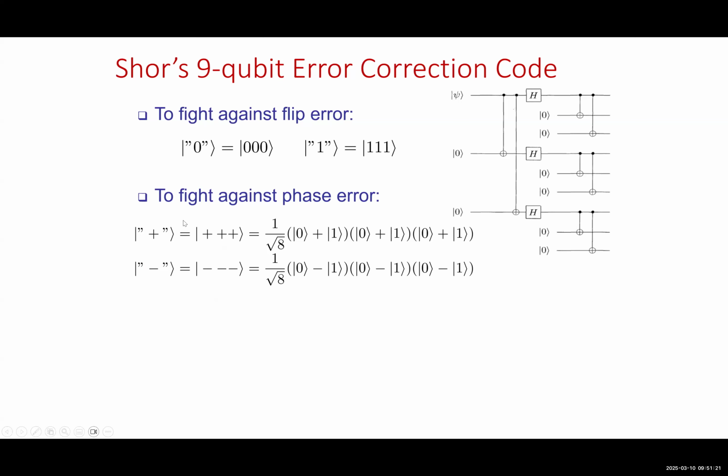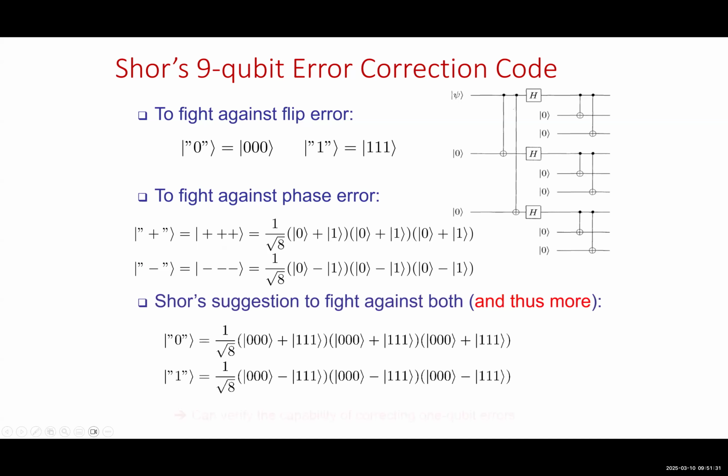So what he does is, okay, this plus state is 0 plus 1, 0 plus 1. So why don't we expand that? This is the X basis, but they expand into the Z basis, but I just do the encoding to become a 9-qubit encoding code.